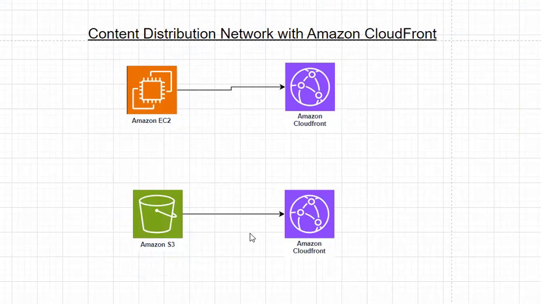So the best suggestion: which type of websites do we host where? Do I use EC2 as servers or do I use S3 as servers? Based on the type of content that you are hosting for your server, you can choose the preference. You can choose EC2 as preference for dynamic websites, that is, where the backend code will be dynamic.